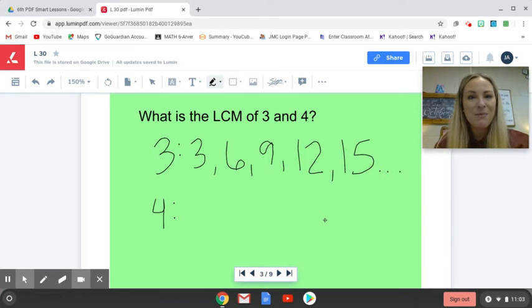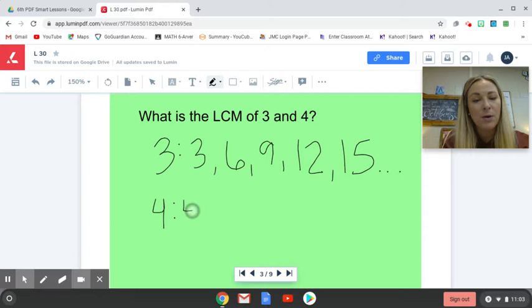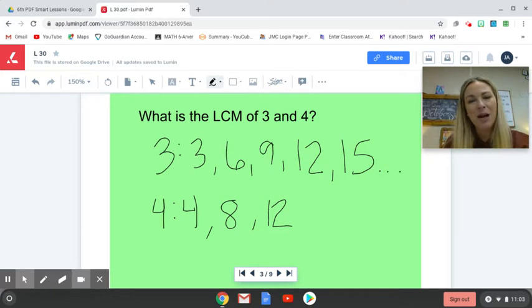So when I'm thinking about my multiples of 4, or my multiplication facts of 4, I always start with 4. 4 times 1 is 4. 4 times 2 is 8. 4 times 3 is 12. Oh, look at that. We have a common multiple. So even though I went further with my 3s here, I'm going to stop here with my 4s.